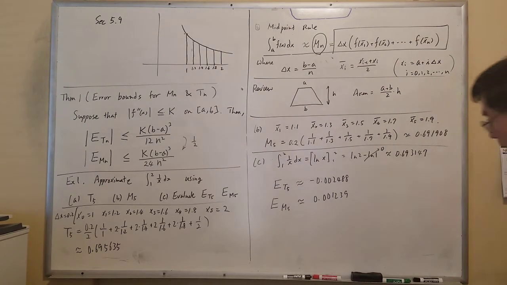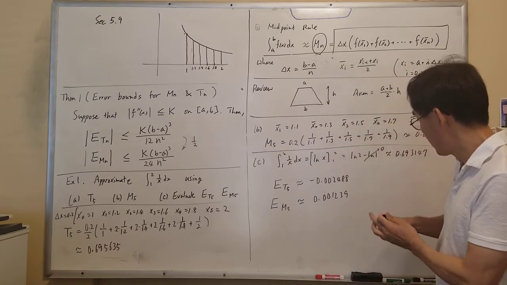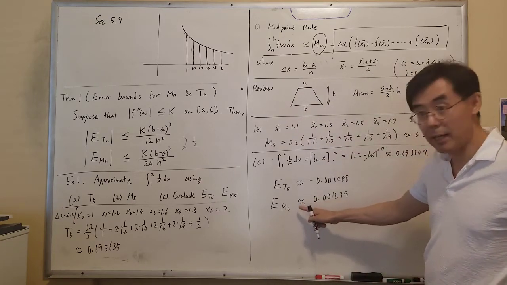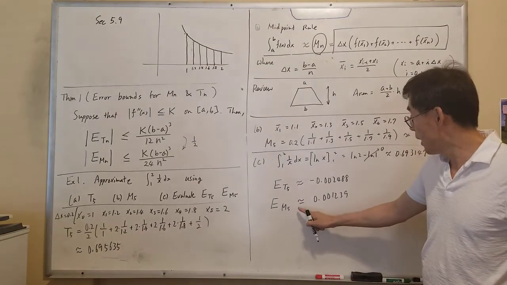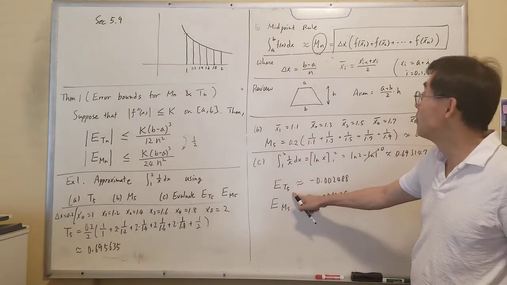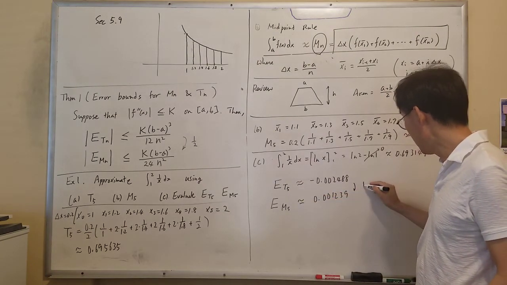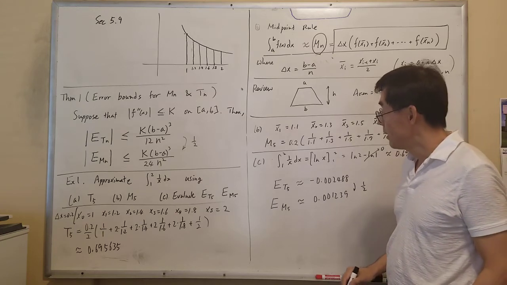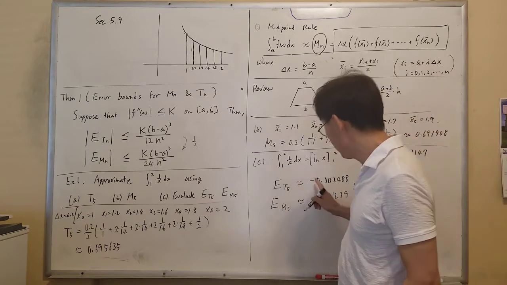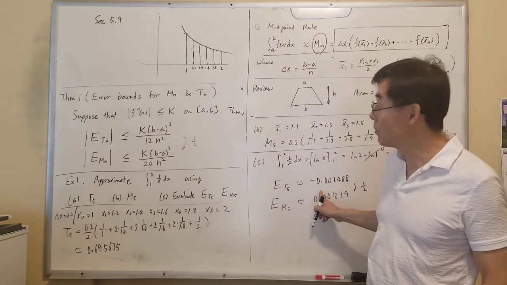So here, as you can see, this is the actual error, right? The error from the midpoint rule and the error from the trapezoid rule with the same n value is roughly half. Now, this is not the worst possible case. This is not the upper bound.